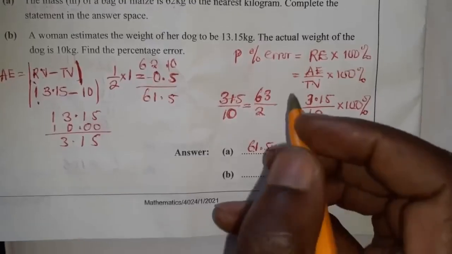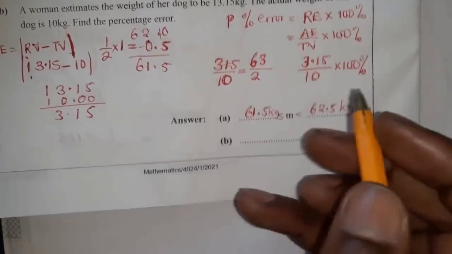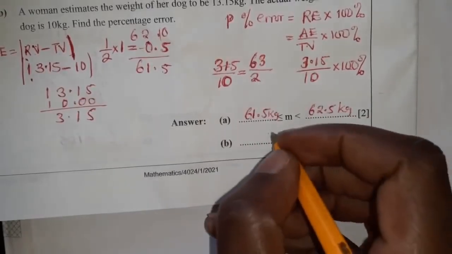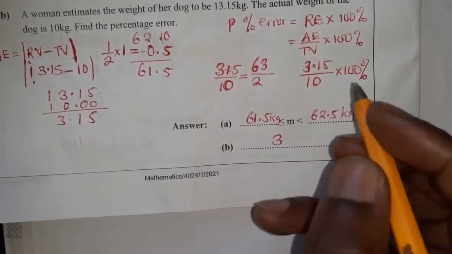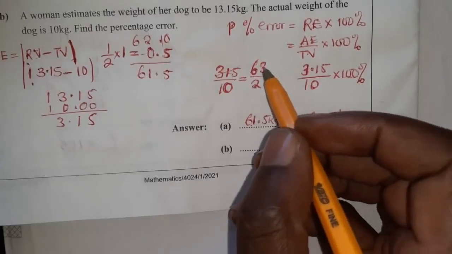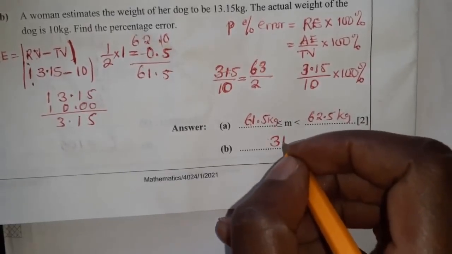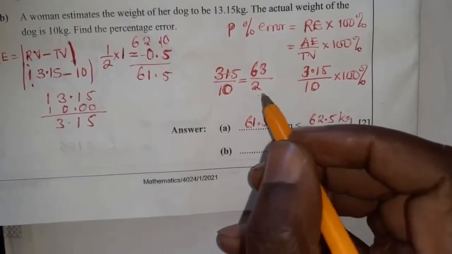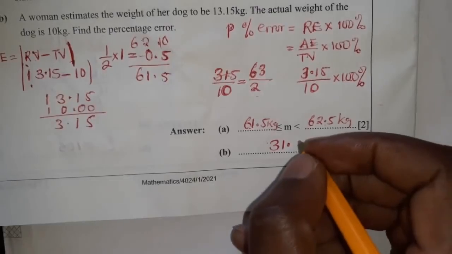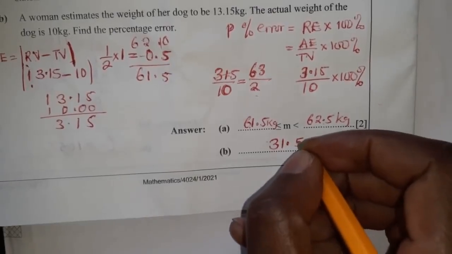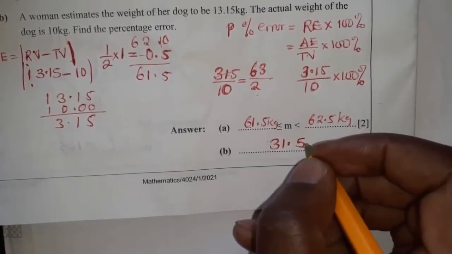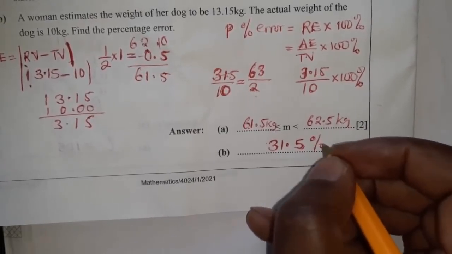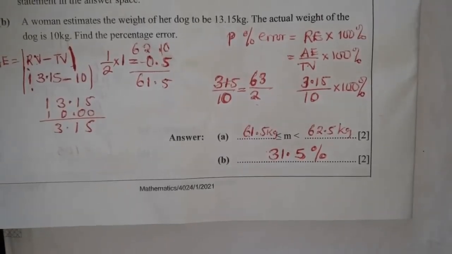Then at this point, you can divide. 2 into 6, it's 3. Okay. 2 into 3, it's 1. Remainder, 1. That remainder, you add a 0, it will be 10. So you have 5. Find the percentage error. This is what we are getting.